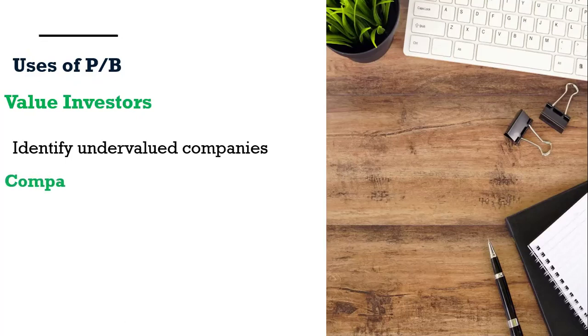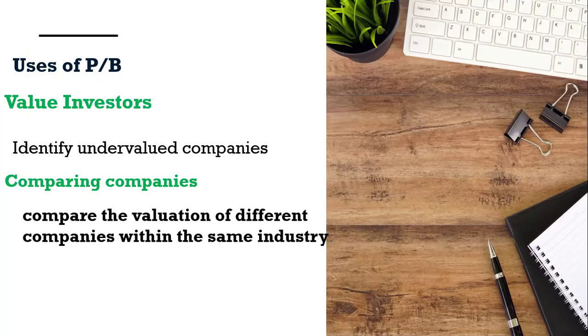And they are used to compare companies. The PV ratio can be used to compare companies so you can see which company is undervalued and which company is overvalued. These companies are supposed to be from the same industry. Like you can compare financial companies, let's say TD, BMO, or RBC. So you can choose at that point.